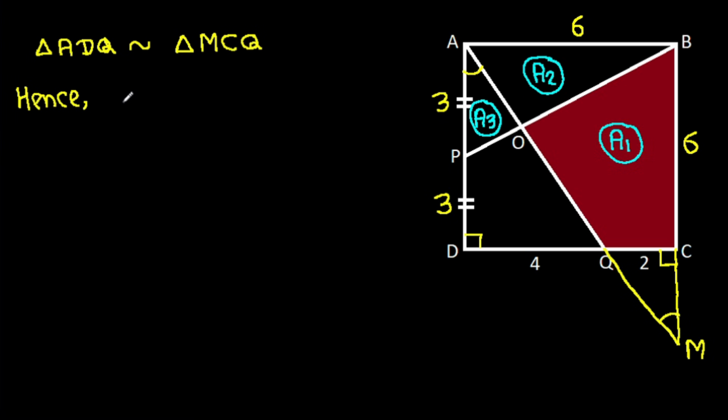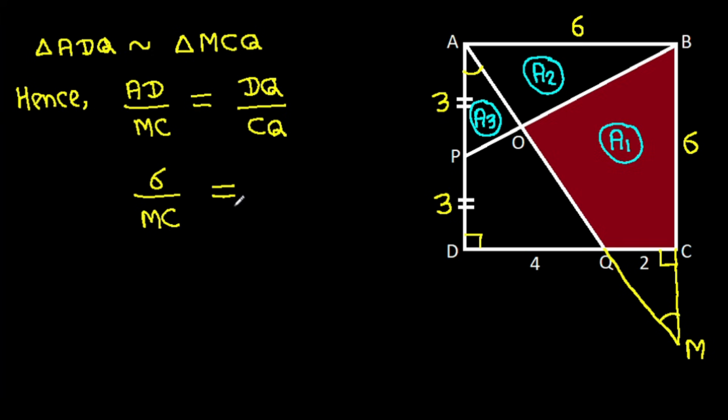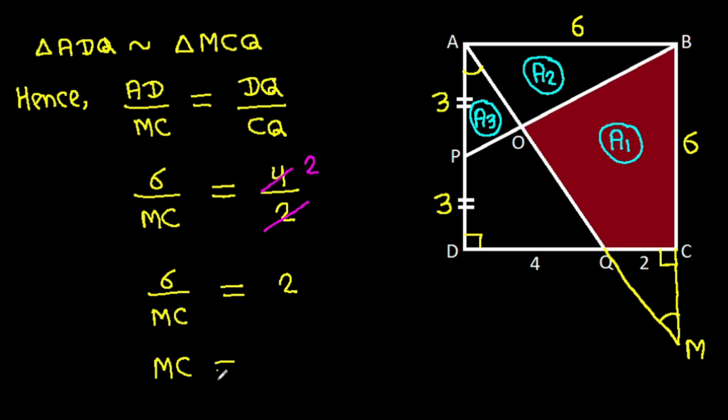Hence AD over MC will be equal to DQ over CQ, and AD is 3 plus 3, that will be 6 over MC is equal to DQ is 4 over CQ is 2, and 2 times 2 is 4, so 6 over MC is 2, so MC will be 6 over 2, that will be 3. MC is 3.